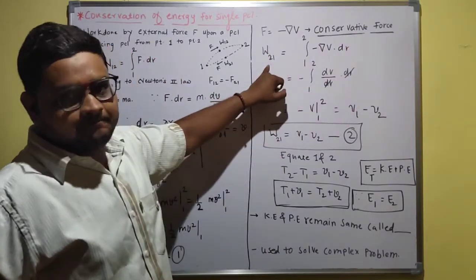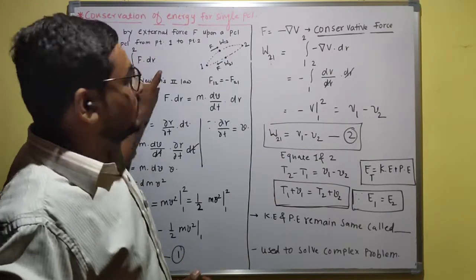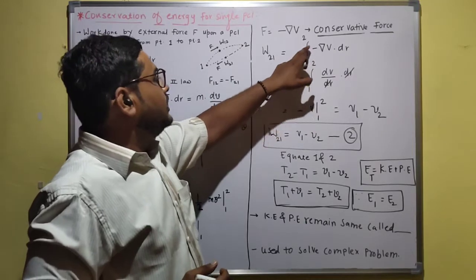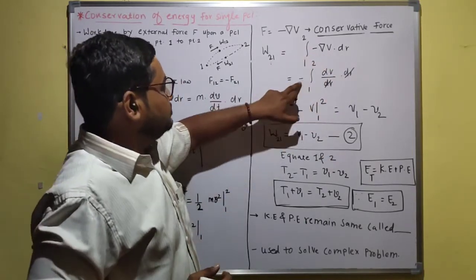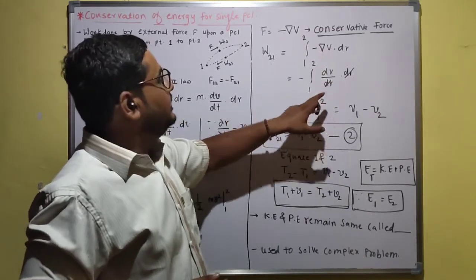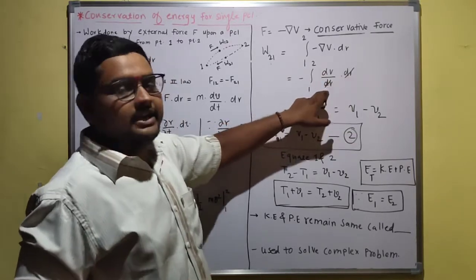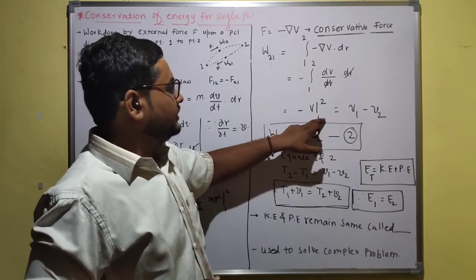So we know our conservative force. Okay, we know our work done. So W12 is equal to the integration from 1 to 2 of minus del V into dr. Just take this minus outside, integration from 1 to 2. This del is nothing but d by dr, so dV by dr into dr gets cancelled, and the integration of dV is nothing but V, from 1 to 2.